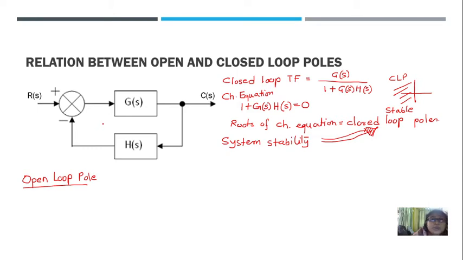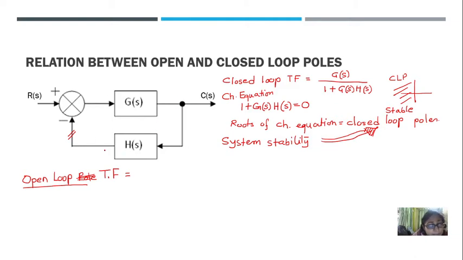Now, what is the open loop transfer function or open loop system? An open loop system means the feedback loop is open. So the open loop transfer function is basically the loop transfer function of the system. The open loop transfer function is defined as the loop transfer function of the system.